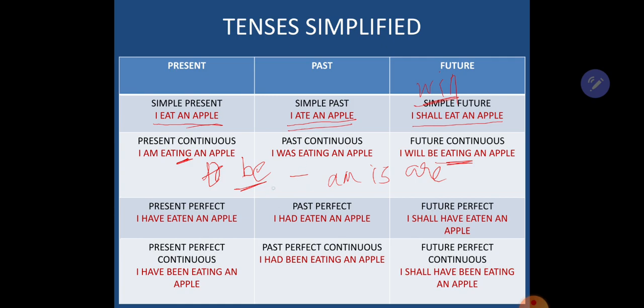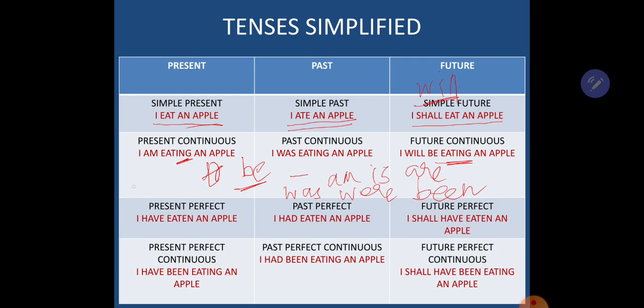Past forms are was and were, and you can use been in the perfect tense and being when we use the passive voice. So, present continuous tense, I am eating an apple, I was eating an apple, and I will be eating an apple. Then, present perfect tense.